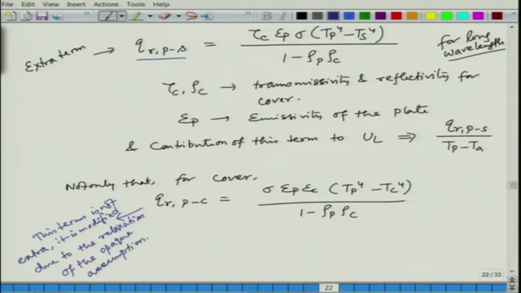Okay. And that is why it is important. Now, how to derive these things and all, you will find it in your radiation heat transfer book.